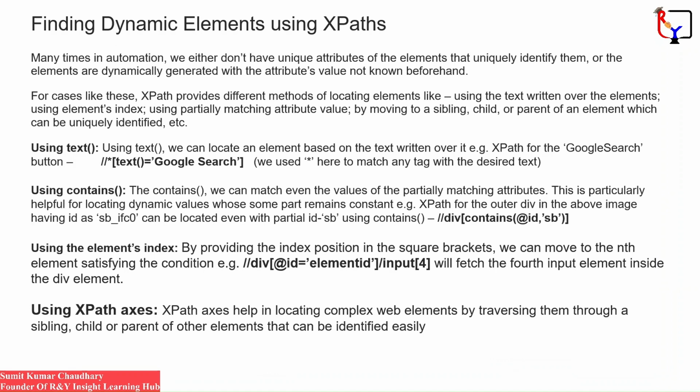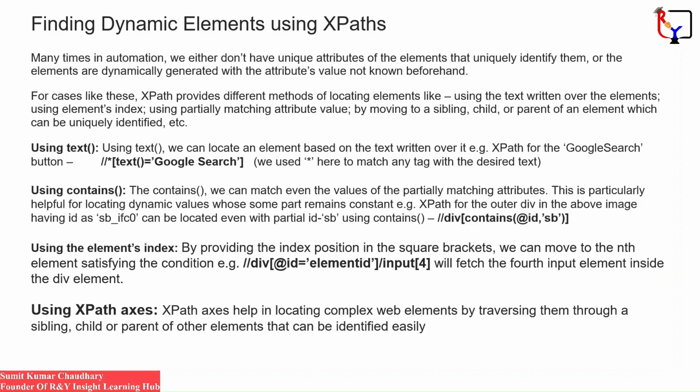So we can create a dynamic XPath. Finding dynamic elements using XPath: many times in automation we either don't have a unique attribute of the element that uniquely identifies it, or the elements are dynamically generated with attribute values not known beforehand.